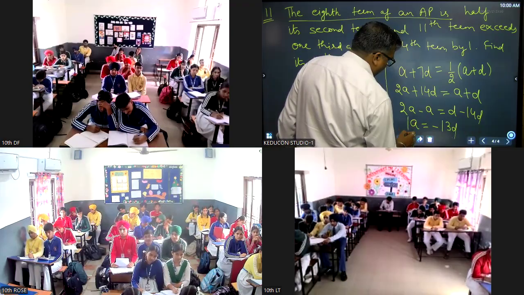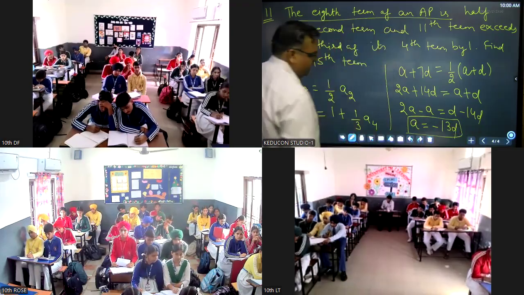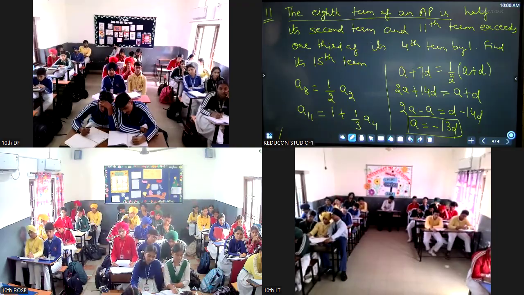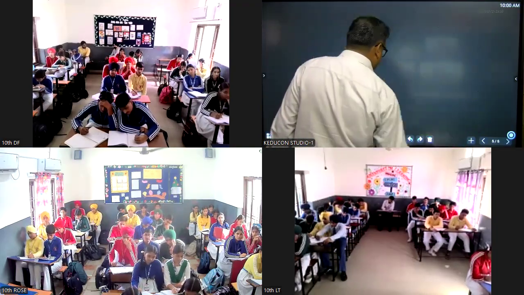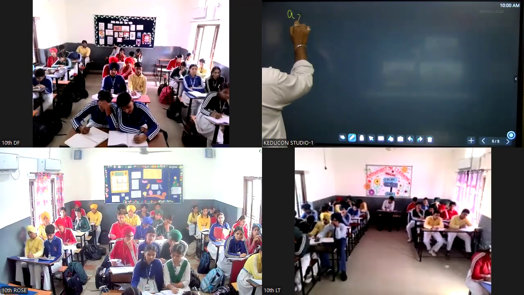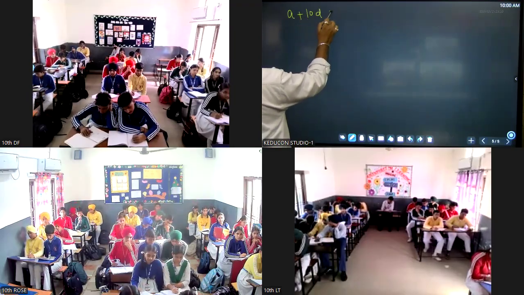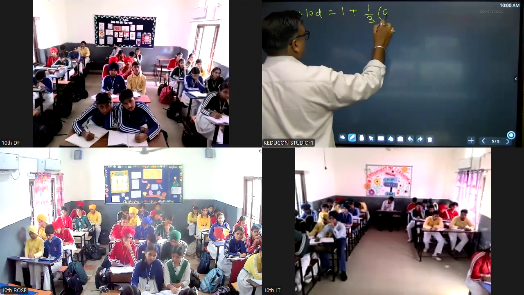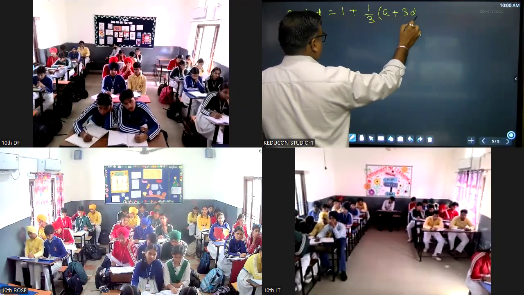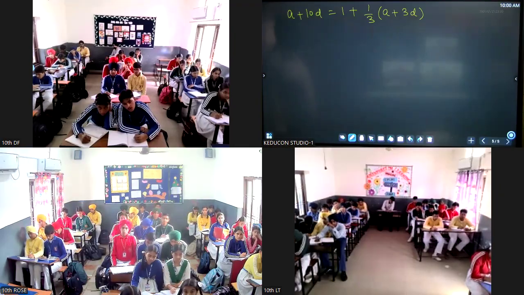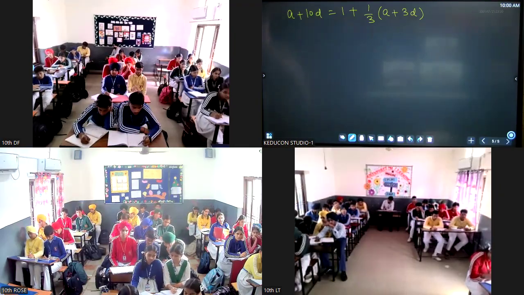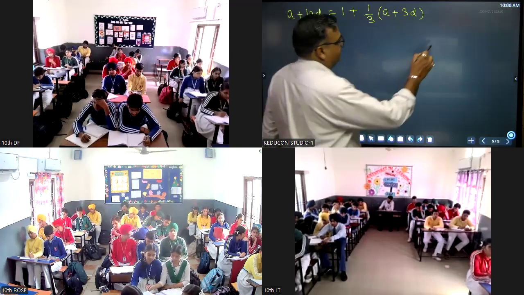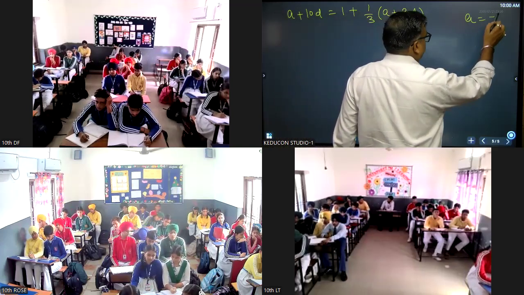Now we have got the relation between A and D. Now come to the second equation. What is the second equation? A11 is 1 more than 1/3 of its fourth term. Any doubt, children? We have found the value of A as minus 13D.